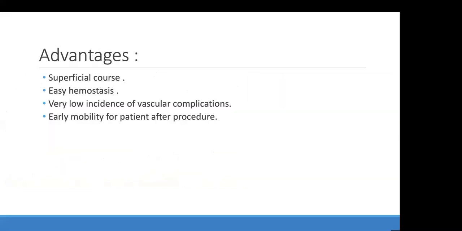The advantages, again, as I mentioned, are a superficial course, easy hemostasis, and very low incidence of vascular complications, as proven with all the RCTs. And the main advantage of radial access doesn't apply to us here, because most of the hospitals are not private and they're not under pressure for beds, whereas a one-night stay costs thousands of reals or dollars.